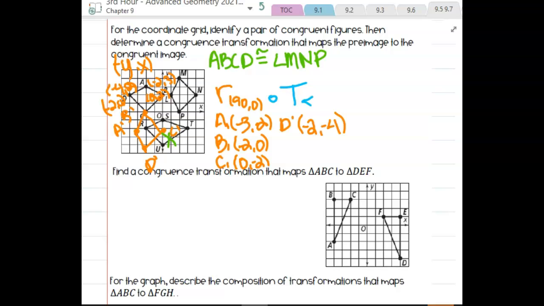And keep in mind that you need to line up A and L. So what's the horizontal movement to line up A and L? You need to go right 4. That will get me here. And then I need to go up 4. There's your composition, your composition of functions.